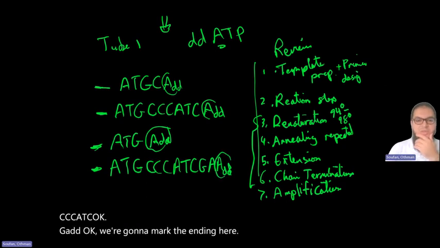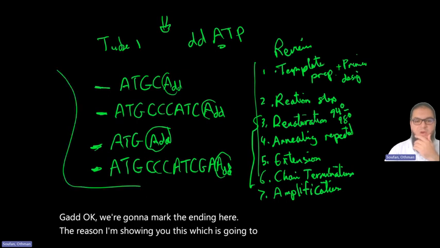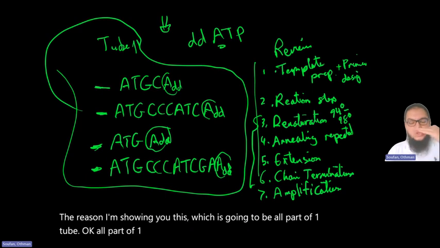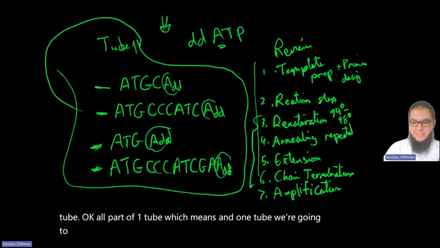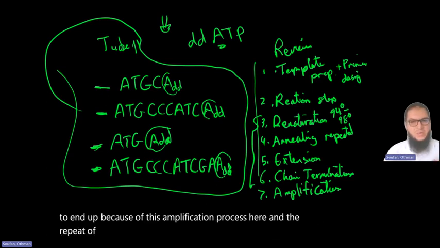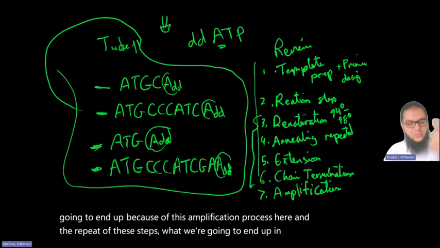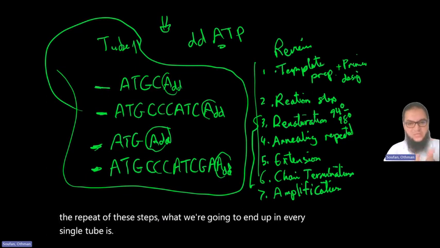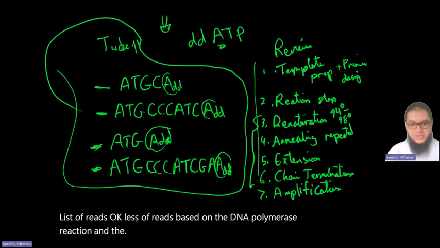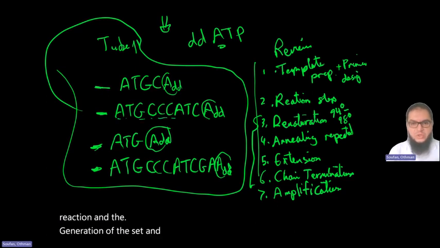The reason I'm showing you this, which is going to be all part of one tube, okay? All part of one tube, which means in one tube, because of this amplification process and the repeat of these steps, what we're going to end up in every single tube is a list of reads, based on the DNA polymerase reaction and the extension of new nucleotides.